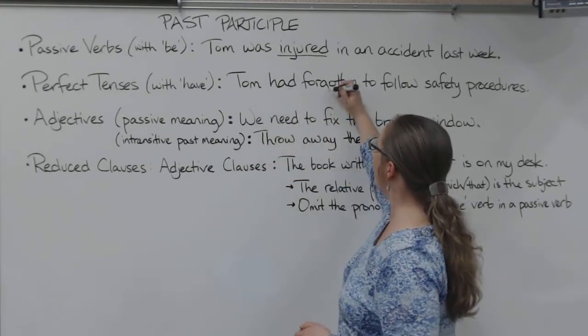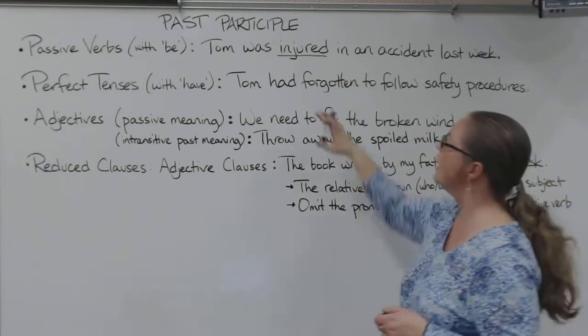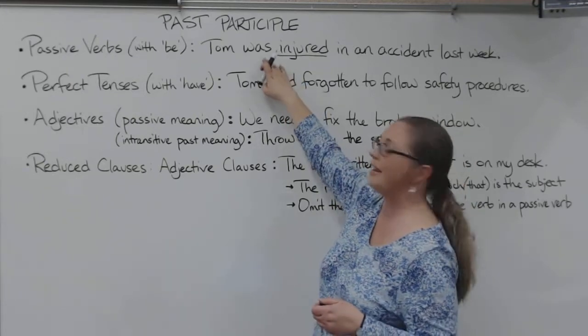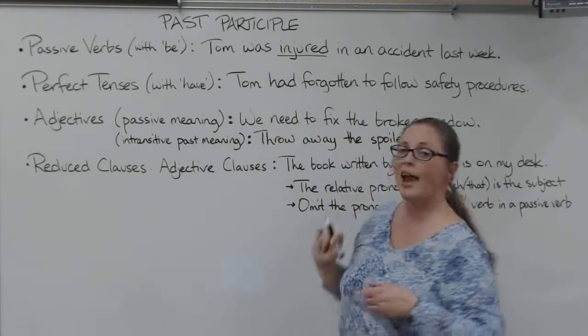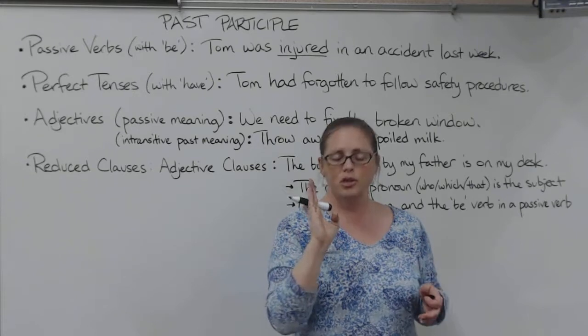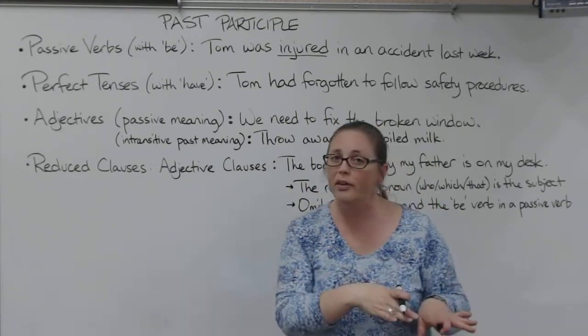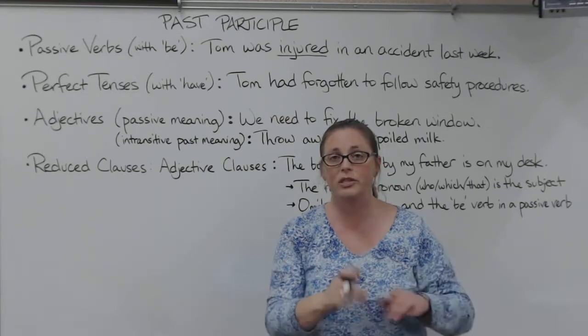So here, Tom had forgotten to follow safety procedures. If we want to give the reason why he was injured, we start with this. Tom was injured in an accident last week. This is at a certain time in the past. So that's our simple past. Then we want to go before that time to explain the reason why he was injured.